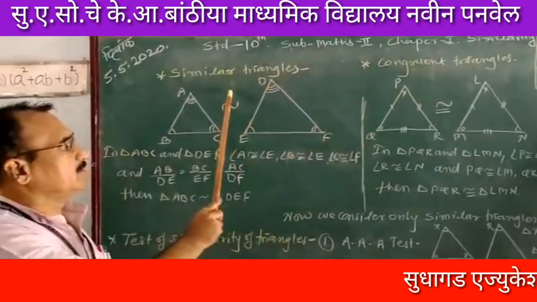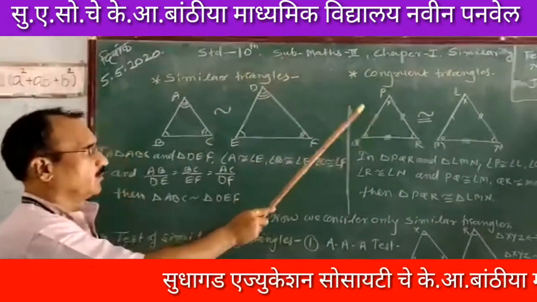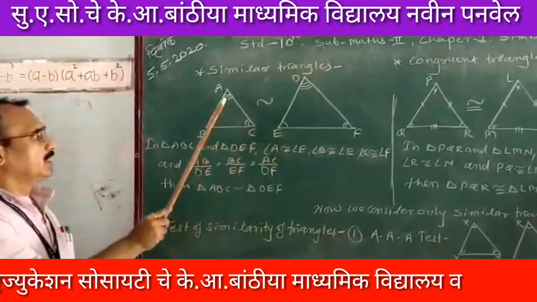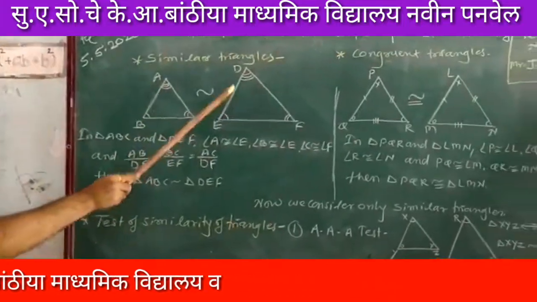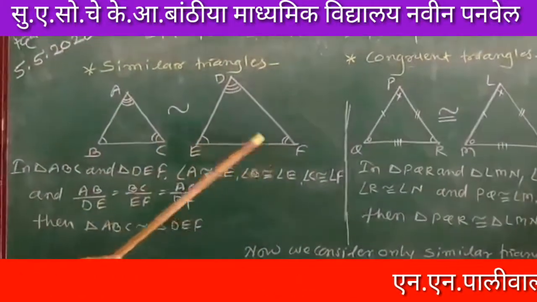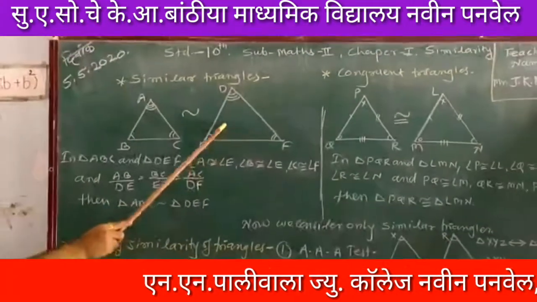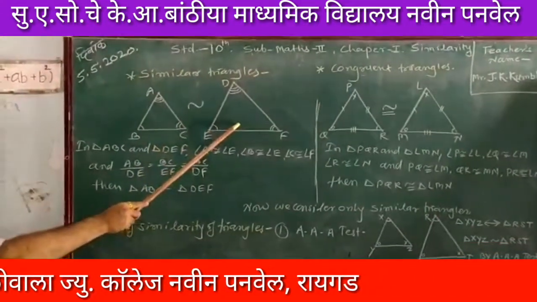Last time we have seen similar and congruent also, but here we are going to revise. In triangle ABC and in triangle DEF, the triangles have equal shape but different sides.